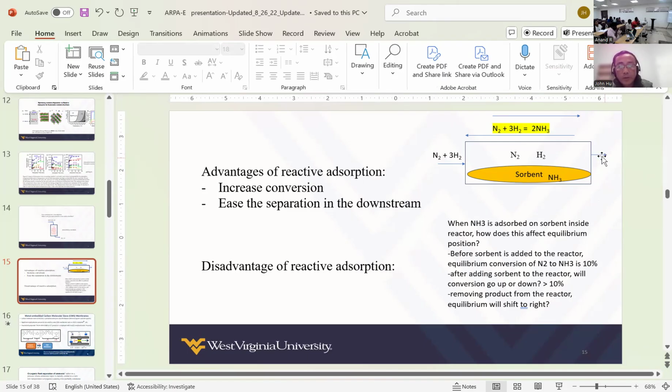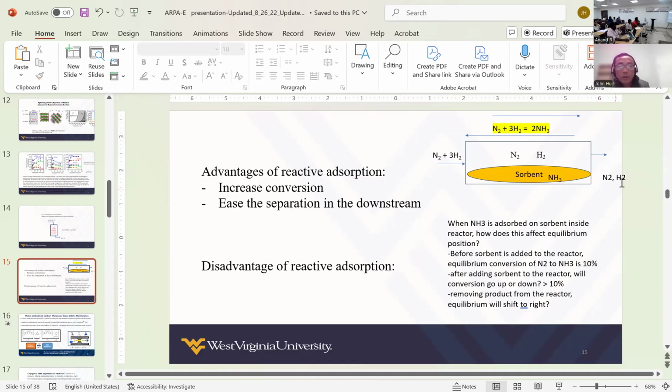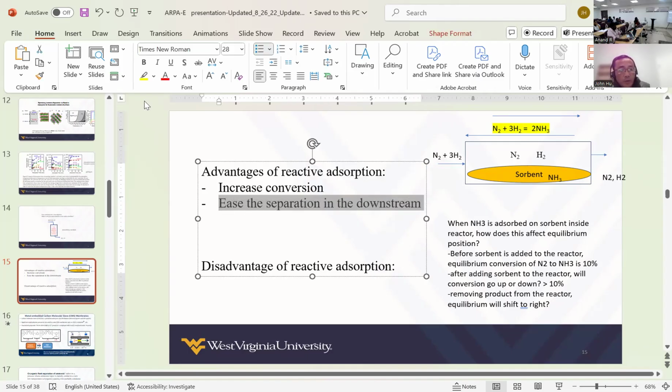So coming out from here will be N2 and H2, all right? So there's no ammonia anymore. Ammonia is actually inside the reactor on the solvent. So no downstream separation. Or I would say the separation in the downstream. Do you agree? Say something.